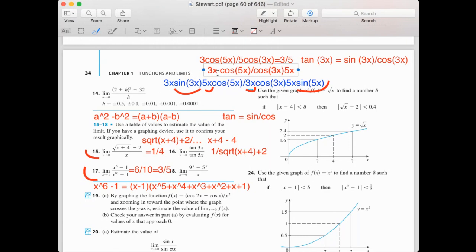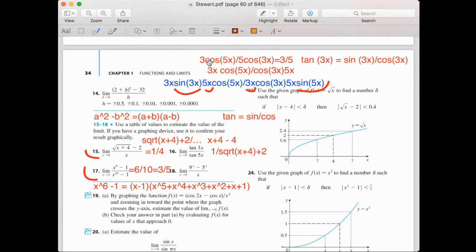Then x divided by x becomes 1, so I have 3 and 5 left. The numerator becomes 3 cosine 5x and the denominator becomes 5 cosine 3x. Now I have no problem plugging in 0, because cosine 0 is 1.